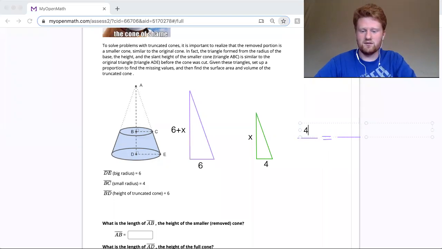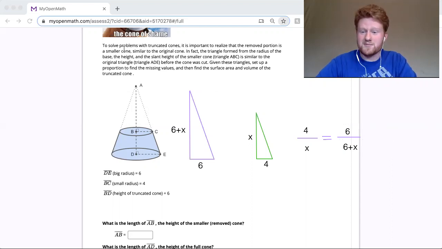So that'll be 4 for the green triangle. And then down in the bottom, it's that height, which is x for us. So let's go over to the other side. You then set up the same side lengths for the other triangle. So this right side is now going to be our purple triangle. So what was our bottom? Well, over here it is 6. So we're going to write 6 right there. And what was the height of that triangle right here? It was 6 plus x.